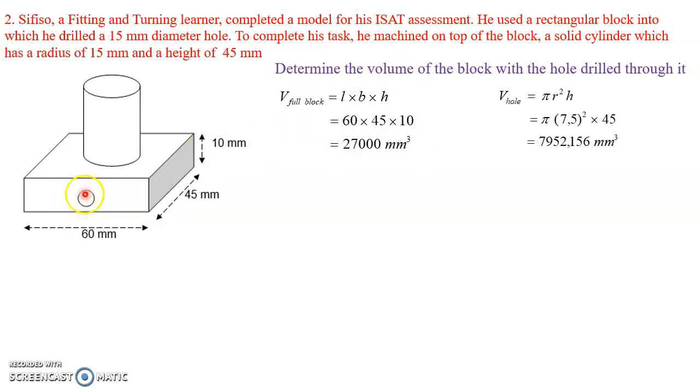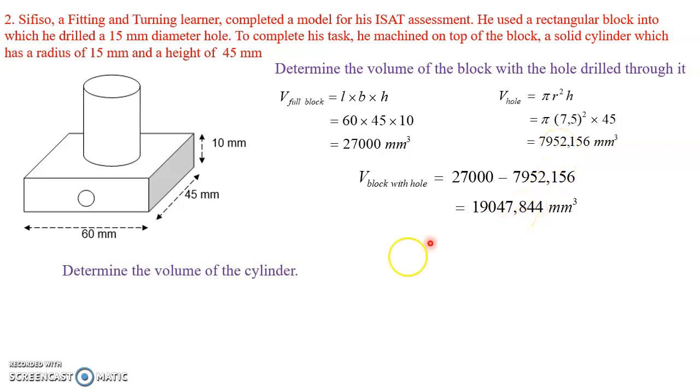The volume of the hole, because it's circular, is pi r squared h. I know r is 7,5. The height is 45. How do I know the height is 45? Because the hole goes through this entire part of the block here. And I end up with the volume of the hole. Therefore, the volume of the block with the hole is that minus that. And I got the volume of the block with the hole.